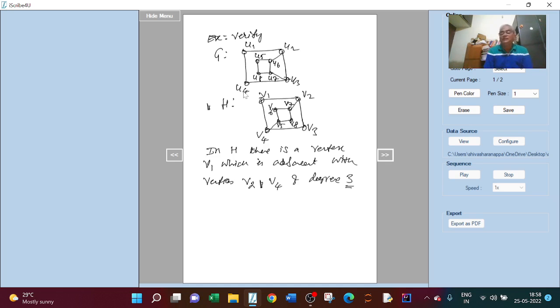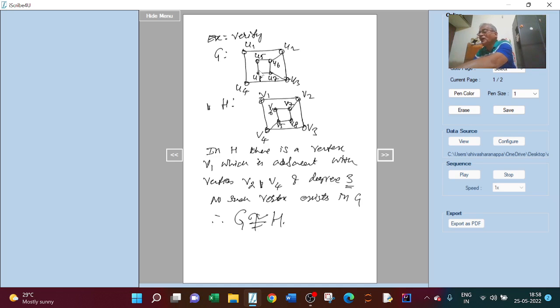But in G, if you verify for this vertex or this vertex or this vertex or this vertex, these are the 4 vertices of degree 2 and they are adjacent with one vertex of degree 2 and one vertex of degree 3. So no such vertex exists in G. Therefore, we can write G is not isomorphic to H.